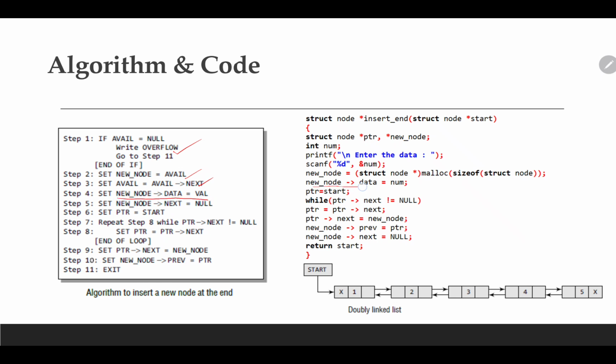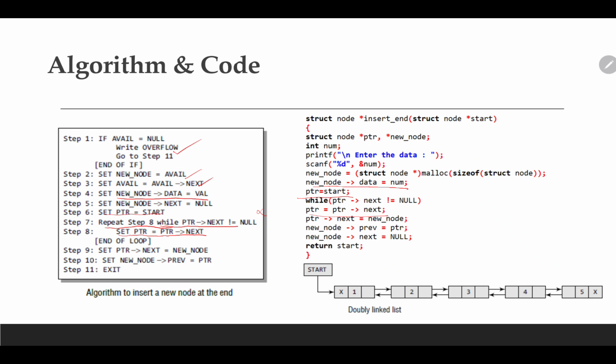So here we are assigning the data, then we assign ptr is equal to start. Okay, then we are checking the condition. So here we have to repeat step 8 while ptr->next is not equal to null. Until it becomes false, the loop will be executed. So inside the loop there is the statement ptr is equal to ptr->next.